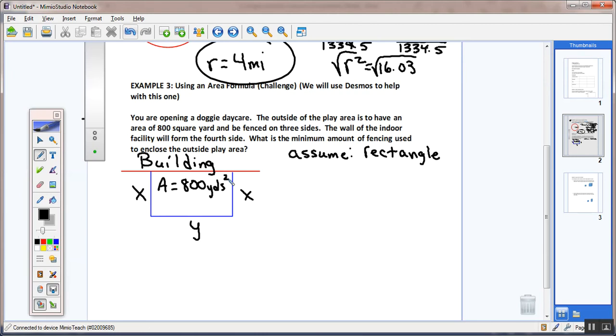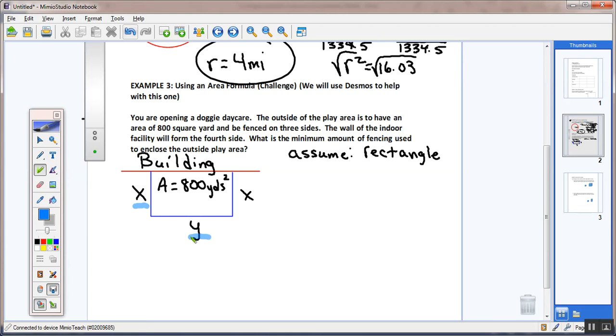Okay, now, what we're trying to accomplish here is this. Once we've formed this fence, how can I get 800 square yards of area in here, but use the least amount of fence? In other words, what dimensions would I have for x and for y to minimize the amount of fencing?